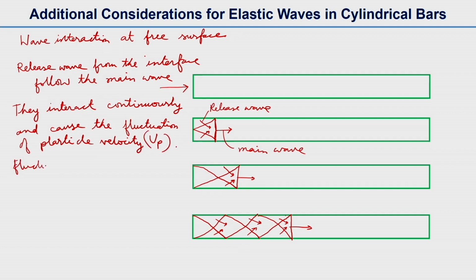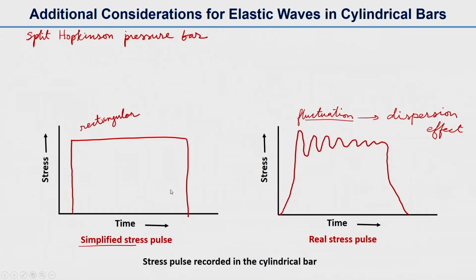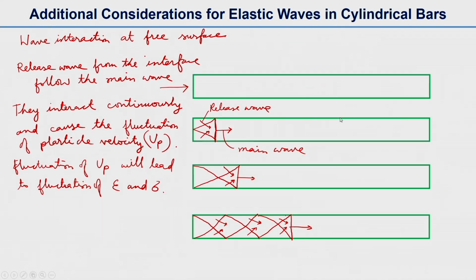Fluctuation of particle velocity will lead to fluctuation of strain and stress as well. So in an earlier slide we have shown this stress fluctuation, that is due to this release wave interaction, release wave from the free surface.